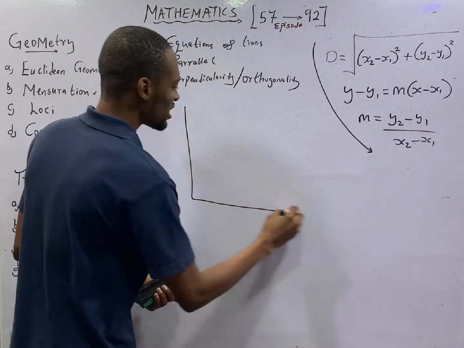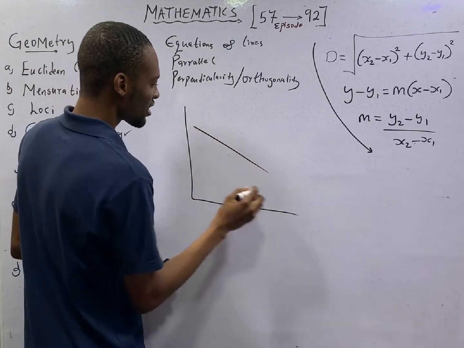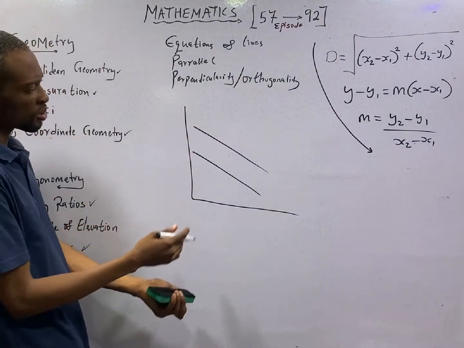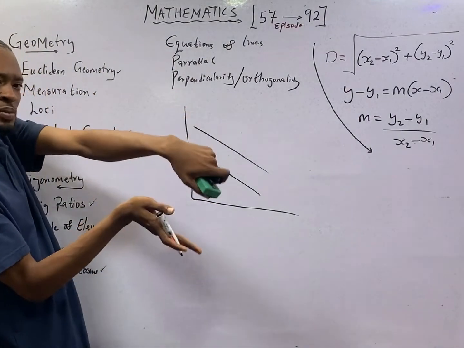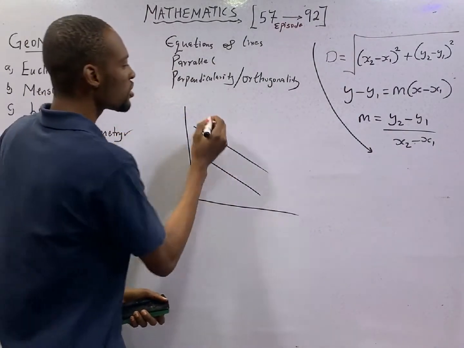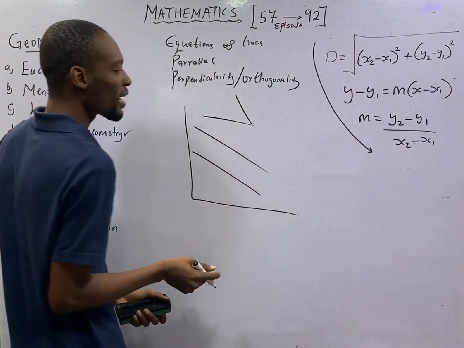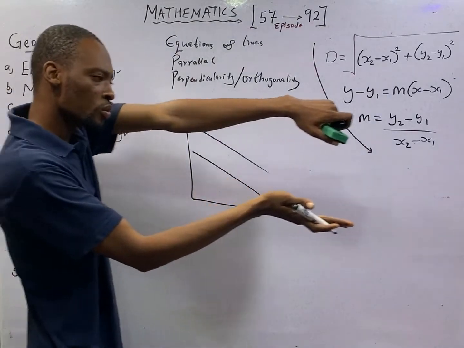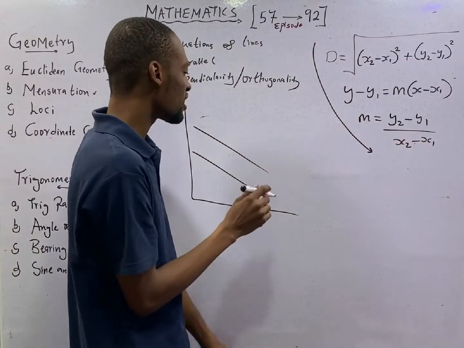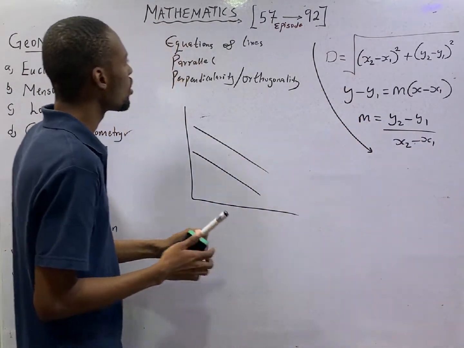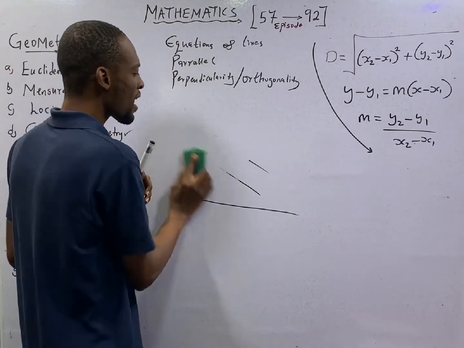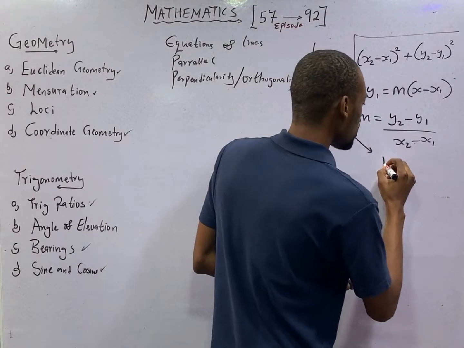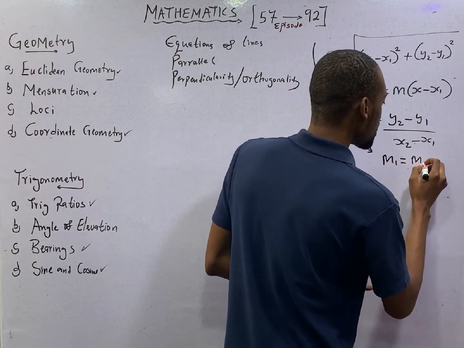If I have something like this, and I say the two lines are parallel, they do not touch, they will have the same steepness for them not to touch. Because if you have something like this, it is not parallel, they will definitely touch. So parallel lines, they don't touch. So their gradient will be the same. So for parallel line or for parallelity, the gradients are the same. Therefore, m1 is equals m2.